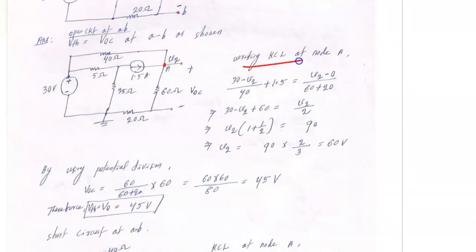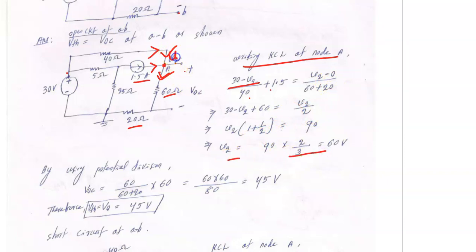So KCL at the node A, this current and this current. First this current, 30 minus V2 upon 40 plus 1.5, and outgoing current, that is V2 upon 60 plus 20, that is 80. So you got the V2.